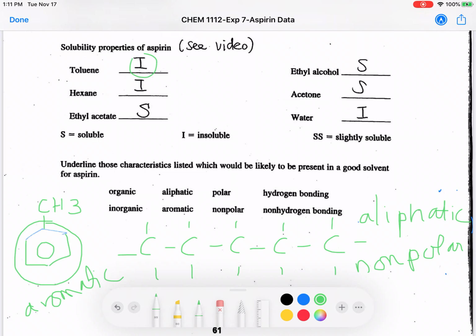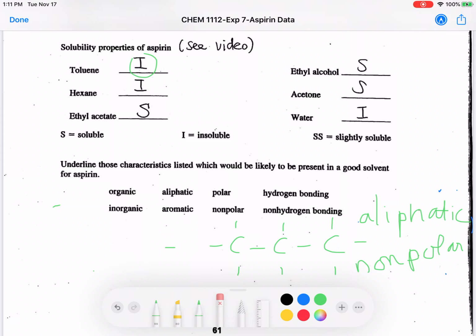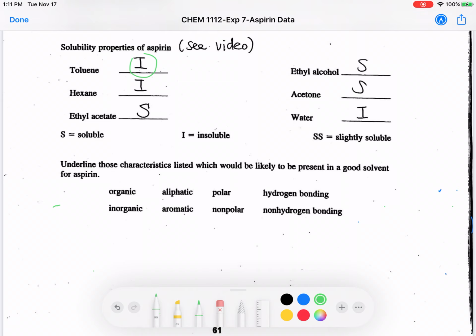And then the ethyl acetate. Ethyl acetate is this molecule. Ethyl acetate is given as aliphatic ester. It is this CH3 COO CH2 CH3.